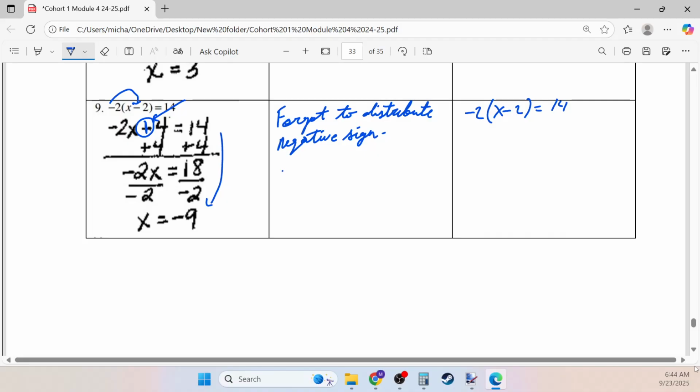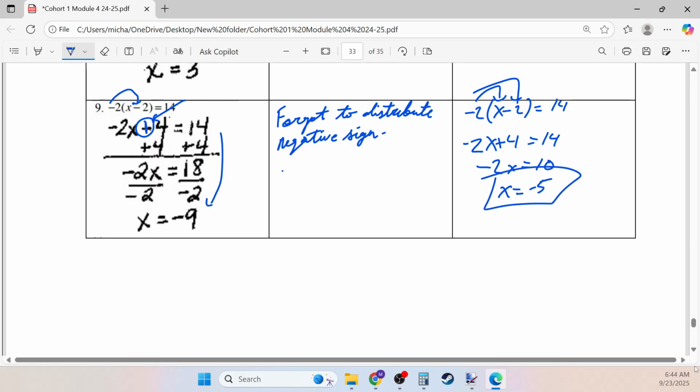Divide both sides by negative 2, we get x minus, oh, sorry, the way that they're doing it, they're multiplying by negative 2, they're distributing. Negative 2x plus 4 equals 14 gives us negative 2x equals 10, x equals negative 5.